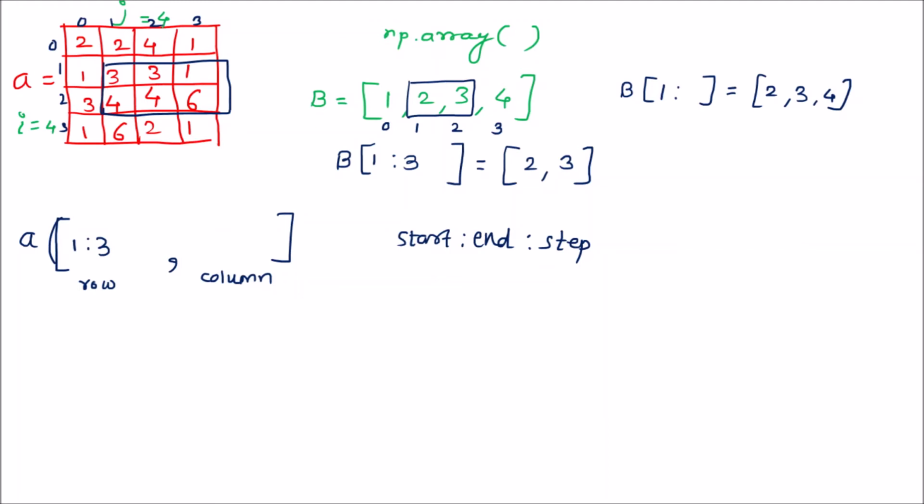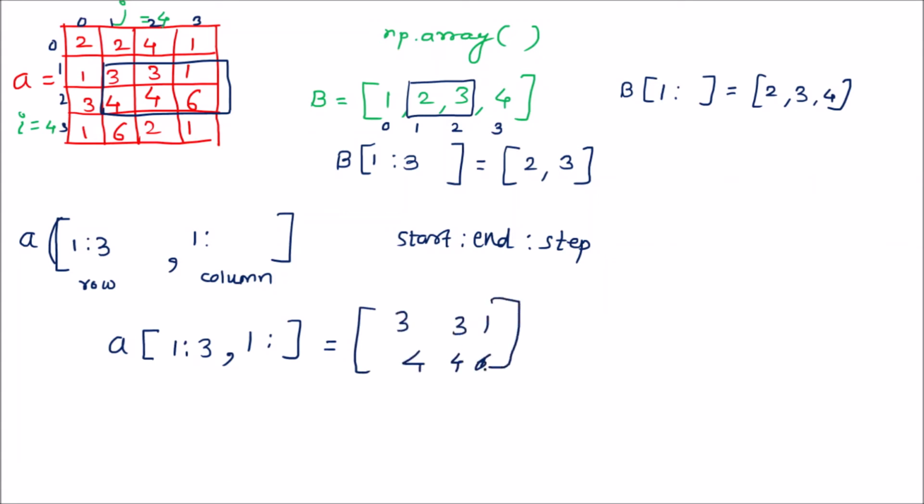If you specify step 2, then it will skip 1 in between. So for the rows, 1 colon 3, and in the case of the columns, the starting index is 1 colon, and you need not specify the ending index, because it goes till the end. So you pass 1 colon 3 comma 1 colon. So it will display the answer as 3 3 1 4 4 6. So you must remember this has a start, an end, and a step.